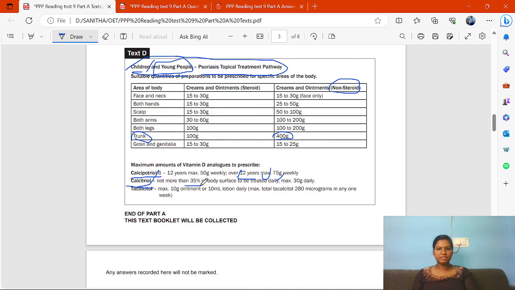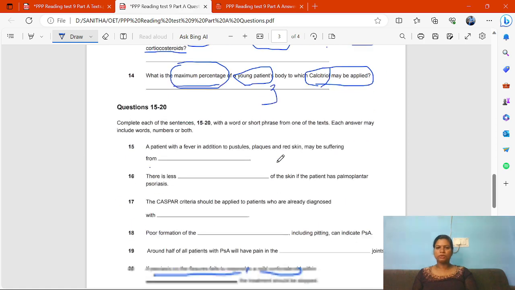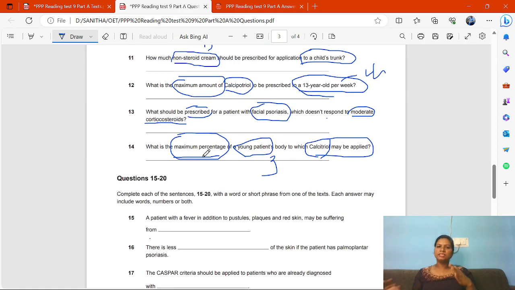What is the percentage? 35 percent. Calcitriol, not more than 35% body surface to be treated daily. See, what is the question? What is the maximum percentage of a young patient's body to which calcitriol may be applied? 35 percent. Are you getting my point? This is the way you have to find out the answers in short answer.